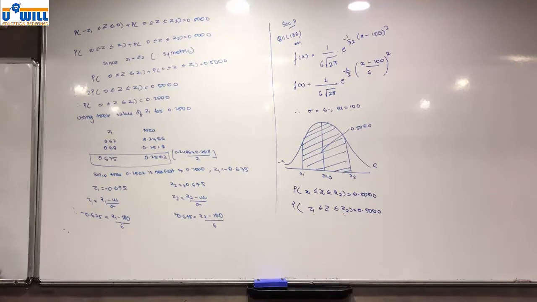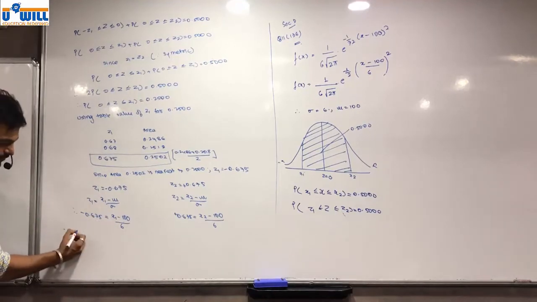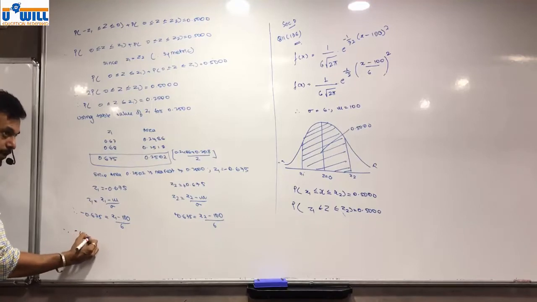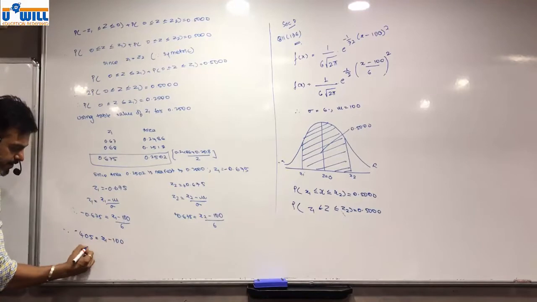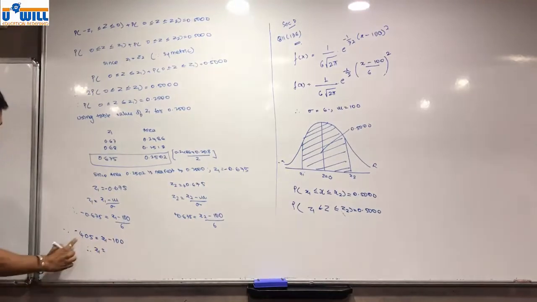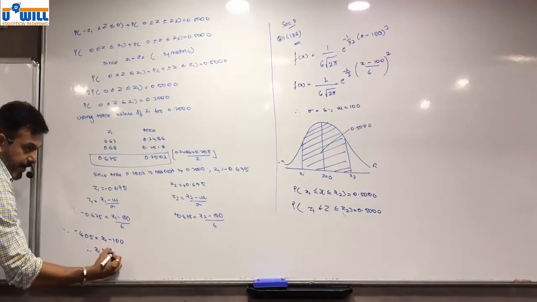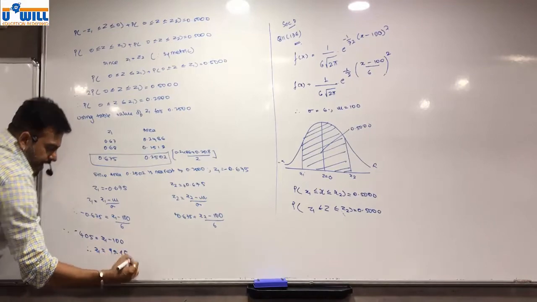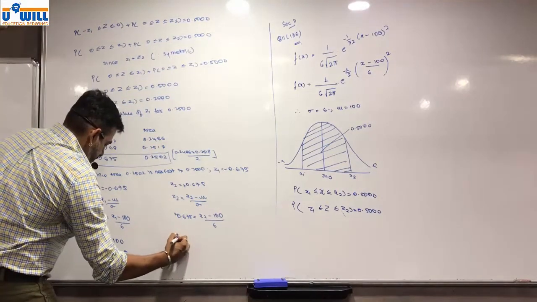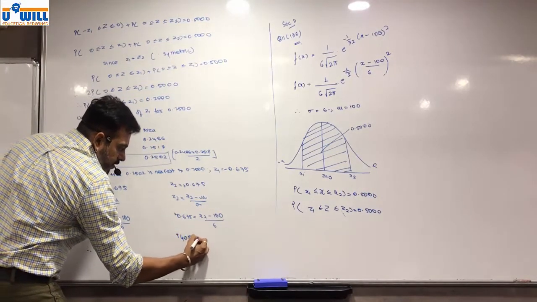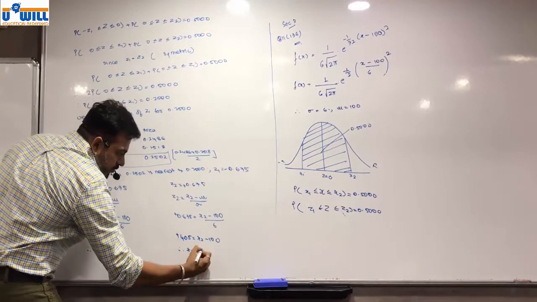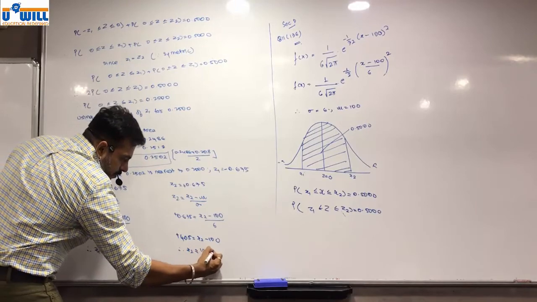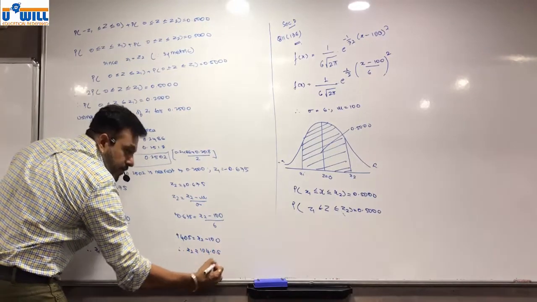Now we multiply this over here. Minus 4.05 is equal to x1 minus 100. Therefore, x1 is equal to 90.95 over here. Plus 4.05 is equal to x2 minus 100. Therefore, x2 is equal to 104.05.